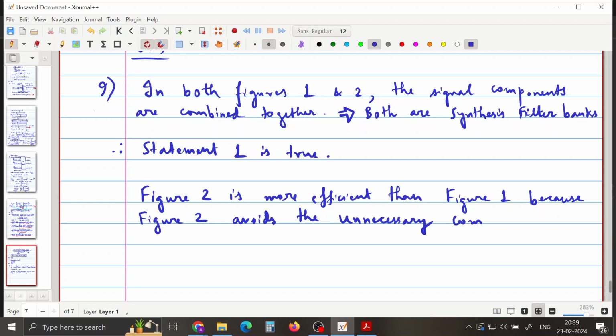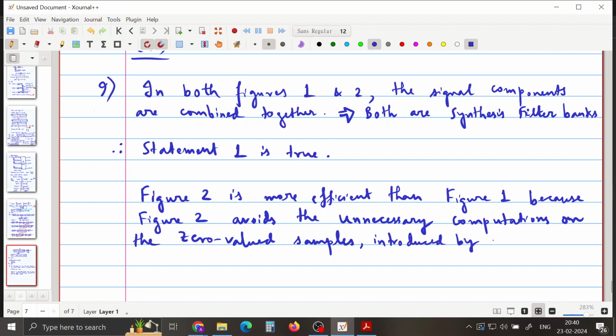All the wasteful computations on the zero valued samples, which are introduced by the upsampler, are avoided here.